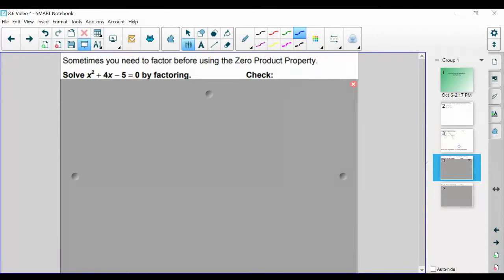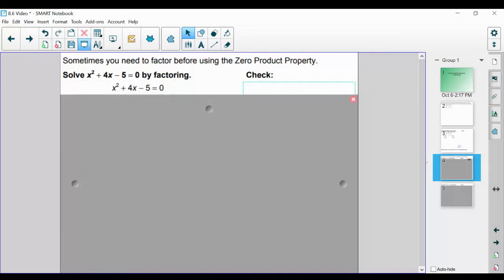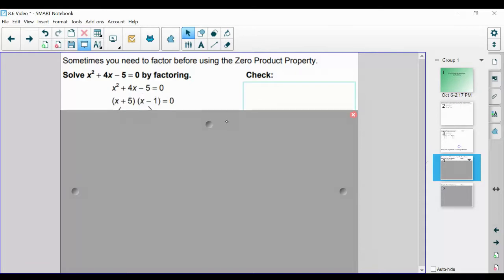So sometimes you need to factor before using the zero product property. So let's solve x squared plus 4x minus 5 is equal to 0 by factoring. So to do this, we're going to factor by any method that you do. We're going to find that those two binomials after we're done factoring are x plus 5 and x minus 1, and those are equal to 0.